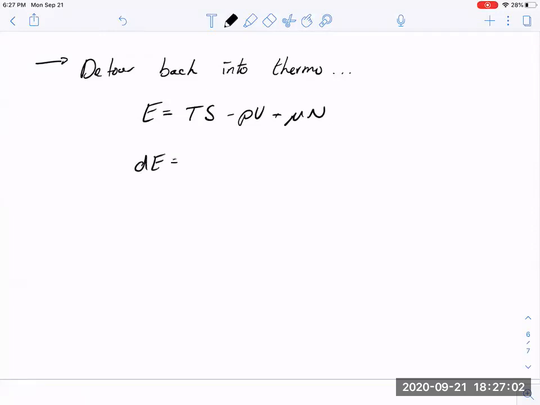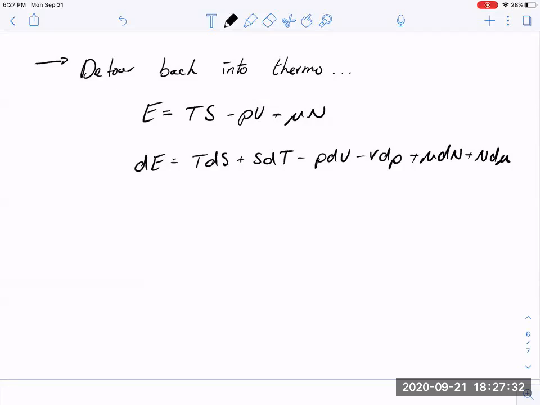dE, the total derivative, is the total derivative of the right-hand side, which has a whole number of terms that don't look like they were around the first time. Namely, I'll get a T dS, but I'll also get an S dT. I'll get a minus P dV, but I'll also get a minus V dP. Similarly, I'll get a mu dN plus an N d mu.